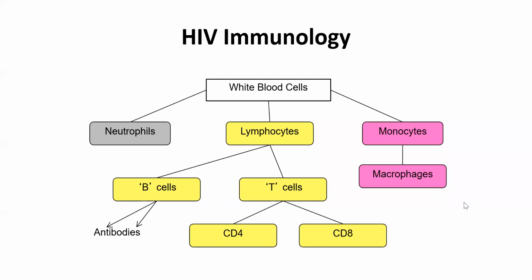For intracellular infections, the CD8 cells are responsible for destroying infections which are inside the cells. We call them cytotoxic cells, which means they really kill cells with infections. For extracellular infections, we have neutrophils, monocytes, and macrophages assisting in controlling those infections.